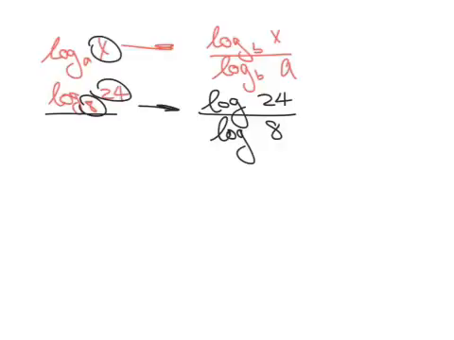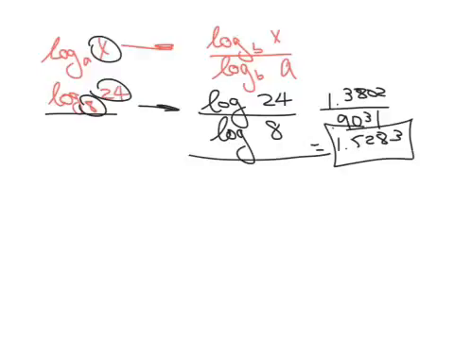So now all you have to do is take the log of 24 on your calculator over the log of 8, and when you divide that out you get 1.5283. So that is the log base 8 of 24. Nothing really that hard.